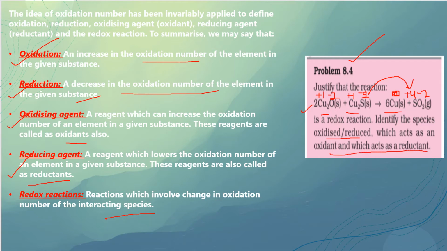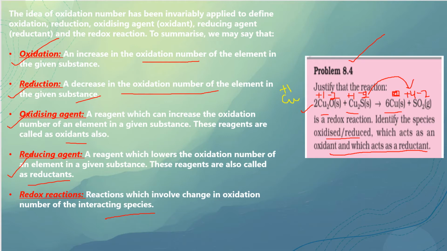Since we have identified that in the given reaction, Cu+1, copper ion, is changing to copper metal, this is a reduction because it is taking electrons. So copper ion Cu+1 in Cu2O as well as Cu2S is the oxidizing agent because it is getting reduced.